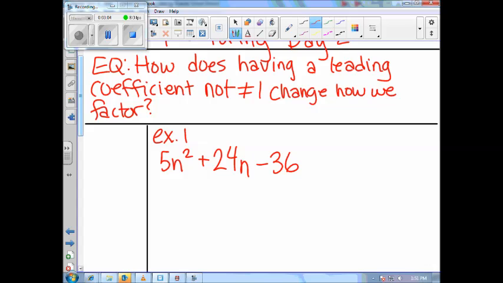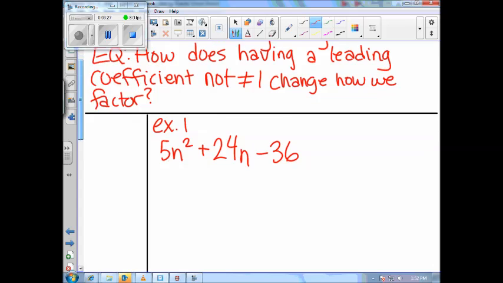So what's going to happen is in front of our n in our factor, so say n plus 7 and n plus 8, in front of the n's, there's going to be a number in front of it. And when you FOIL it, or double distribute, it makes it so much more complicated. So the box method, super easy compared to other methods, which is why we taught that to you last time.